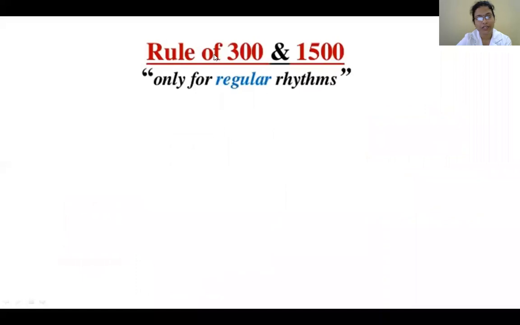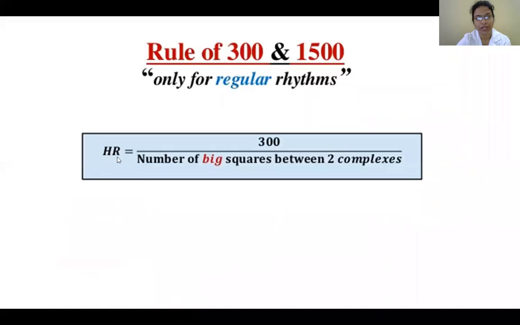We have already discussed the rule of 300 and 1500 for regular rhythms. For irregular rhythms, this rule does not fit. So what is the rule of 300? By the rule of 300, heart rate is equal to 300 divided by the number of big squares between two complexes, or in the RR interval.